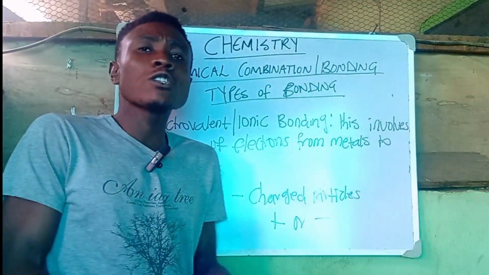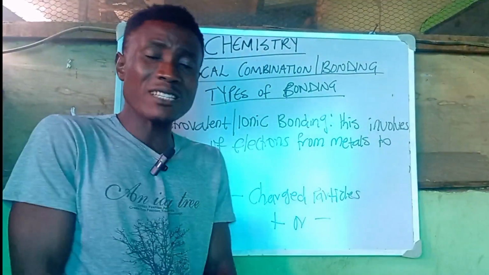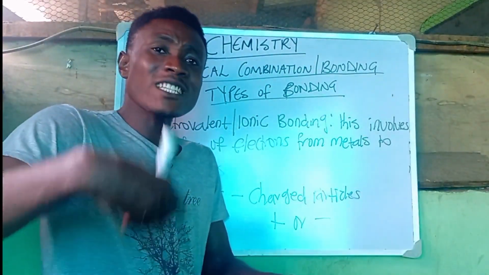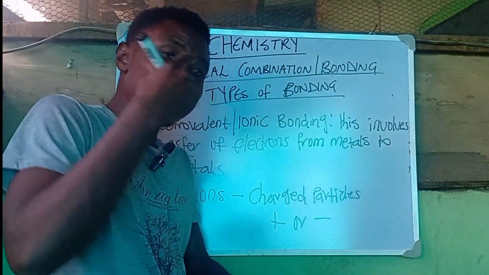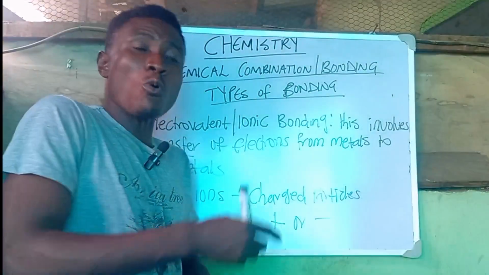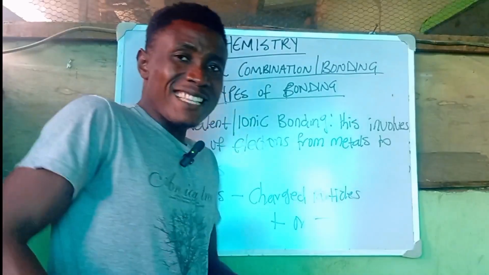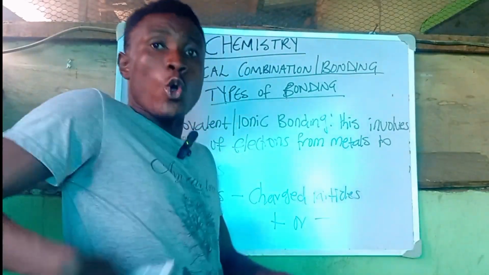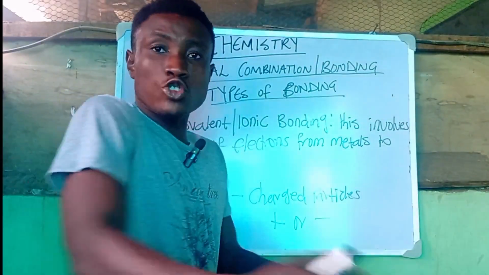Why is it that we will say the metals are the positively charged and the non-metals are the negatively charged? This is because in the concept of the transfer, it involves the transfer of electrons from the metal to the non-metal. When the metal gives out electrons, when it donates, it transfers its electrons, the metal becomes electropositive.